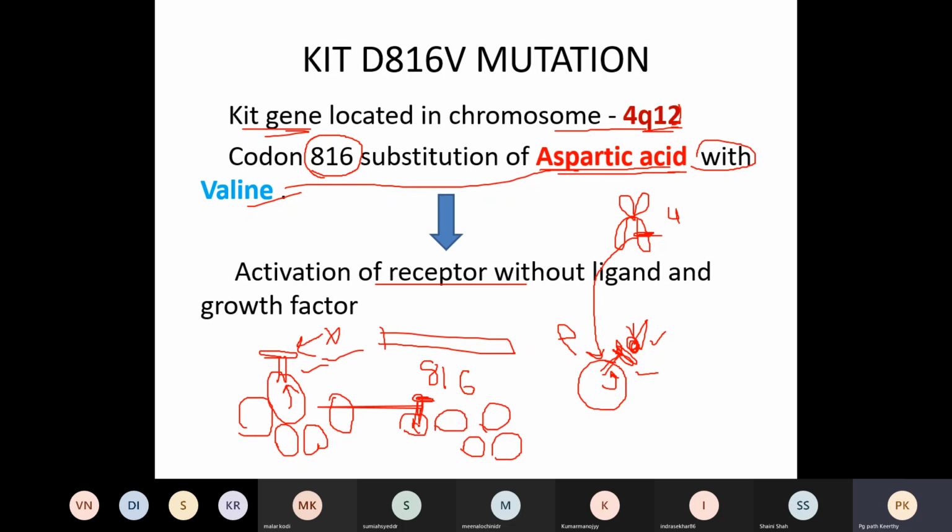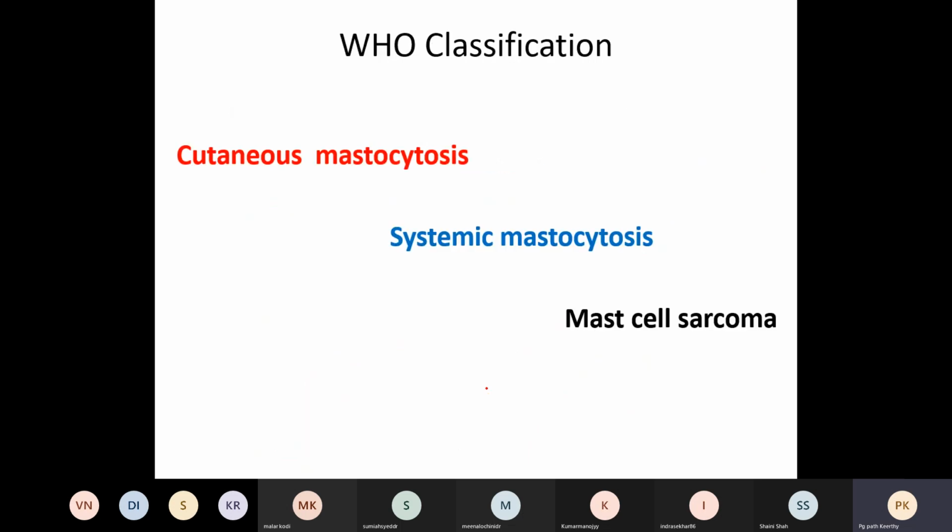And it cannot be inactivated because it is resistant. It is not the normal one, right? So as a result, your mast cells keep on proliferating, and they infiltrate all your organs, leading to organ dysfunction and failure and finally death. Okay. That is the pathogenesis of mastocytosis.